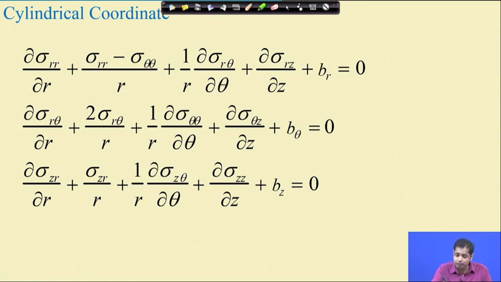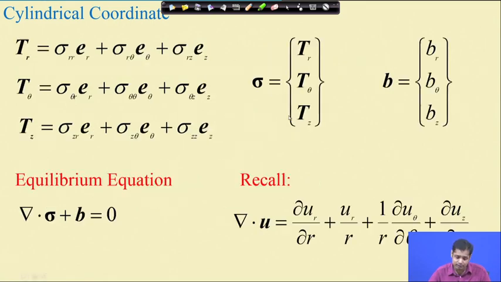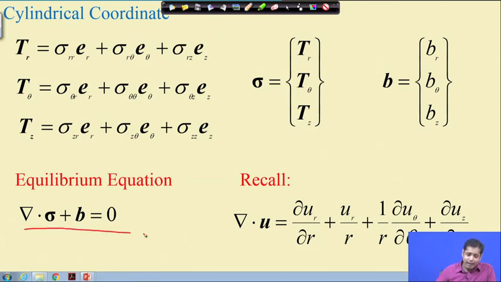Only thing we have to do is start with this definition, and then write del, sigma and B in terms of the particular coordinate system, and then when we replace that coordinate system representation in this equation, we get the equilibrium equation with respect to that coordinate system.